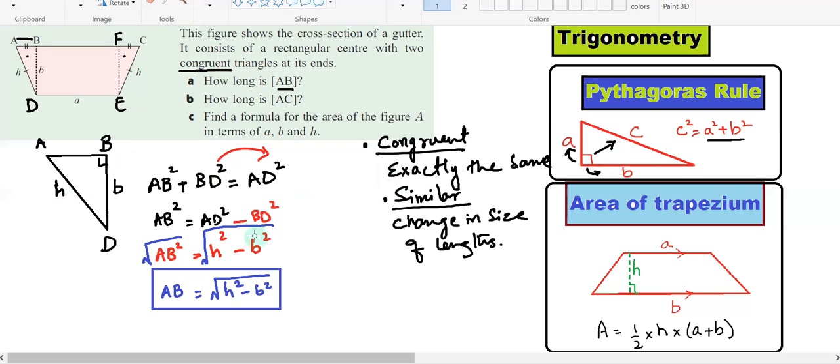For part B, now that we know this length, how long is A to C? You can see these are congruent. Whatever is AB is the same as FC. So AB and FC are the same.